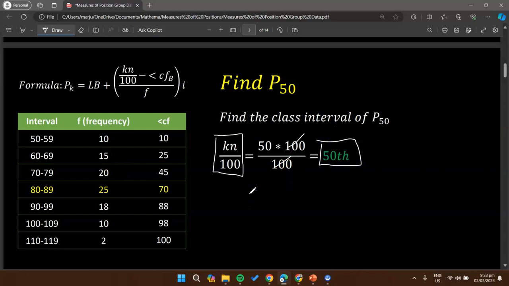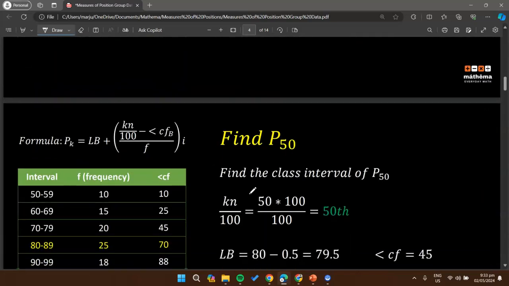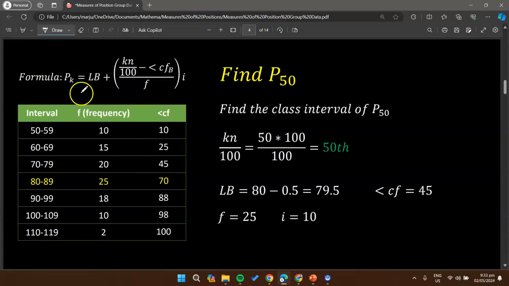So how do we identify what is that value that lies at the 50th percentile? What we're going to do is again make use of this formula. So we have here LB, the lower boundary of the class interval. To get the lower boundary, all we have to do is subtract 0.5 from the lower limit.